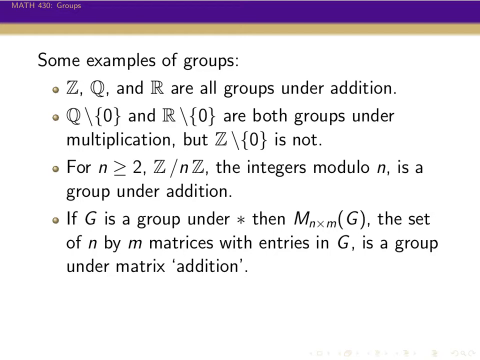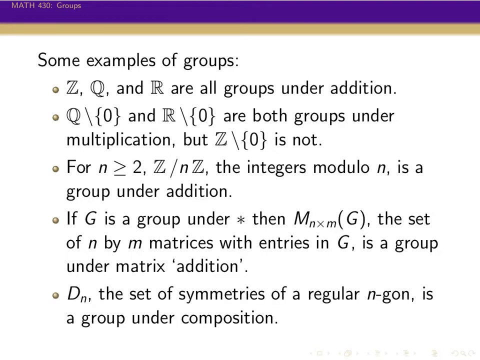Typically we think about matrices on, say, real numbers, and then our operator here would still just be addition. Matrix multiplication is going to be a bit more complicated. In general, there's going to be all sorts of issues with that. But at times, matrix multiplication can give you a group if you restrict your matrices suitably.